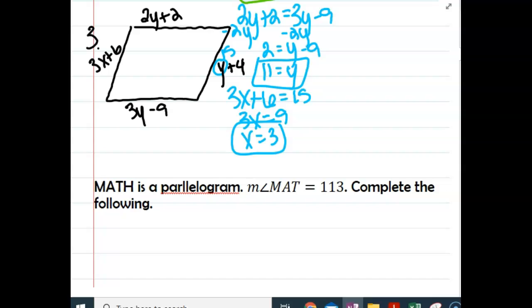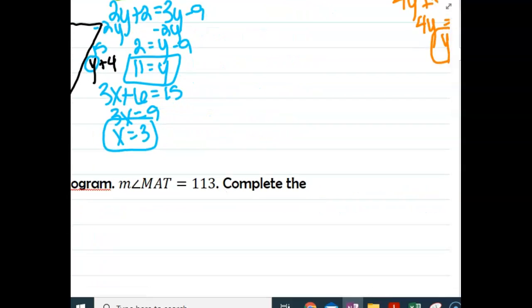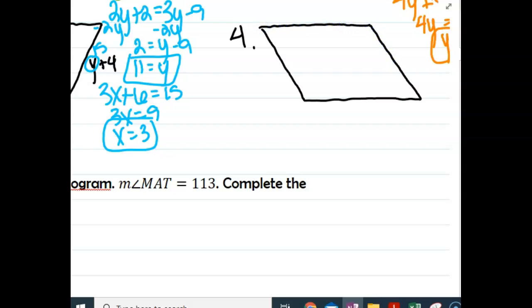Okay, let's do one more of these. All right, number 4, another parallelogram. And you're surprised. And we're just going to do one diagonal, so let's do the top right down to the bottom left.